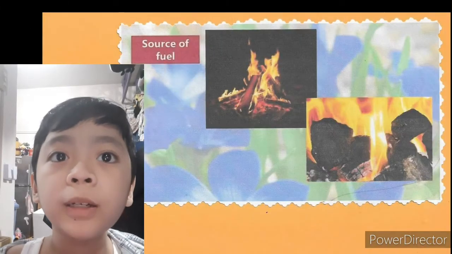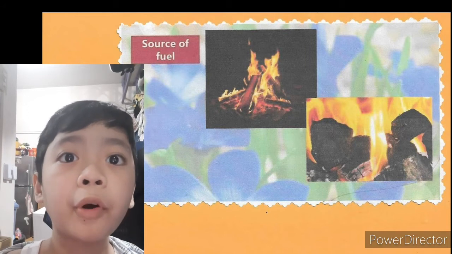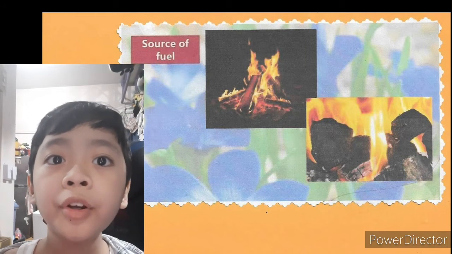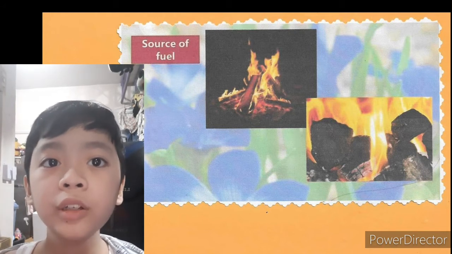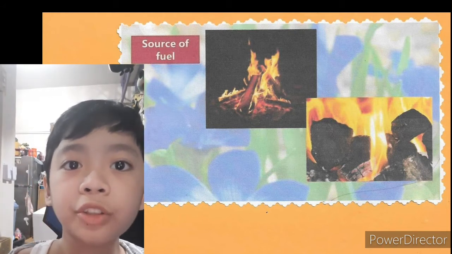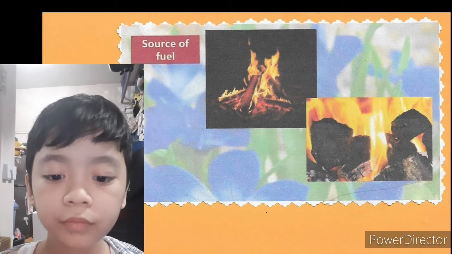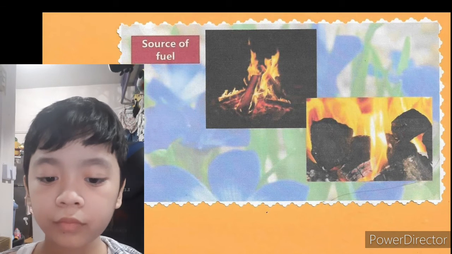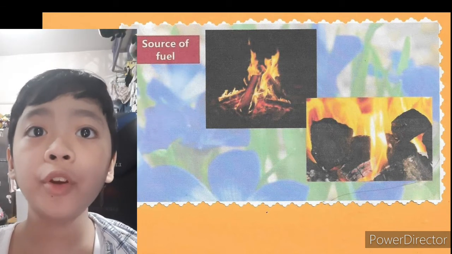Sources of fuel. Plants that have been buried in the ground for thousands of years are converted into coal. Coal is a fuel used in generators to produce electricity. Plants are also sources of fuel.